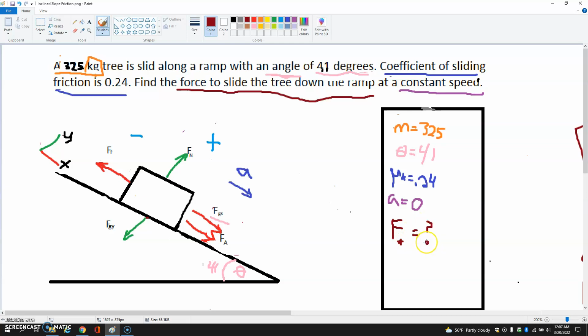But you have to recognize that there's only 2 forces that can be sliding the tree down the ramp: gravity X or applied force. And gravity X is always in a problem, so if they're asking for it, it's probably applied force. You just kind of have to get to that conclusion, which can be tricky.